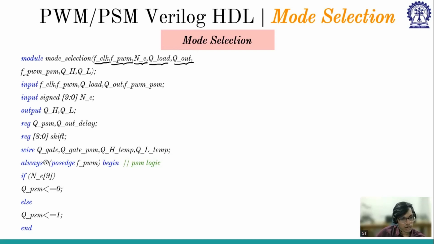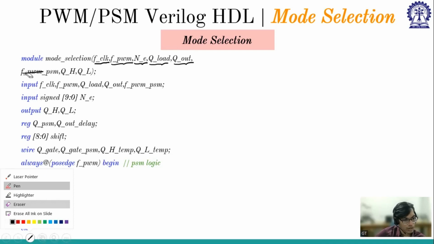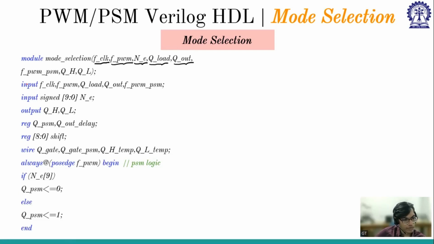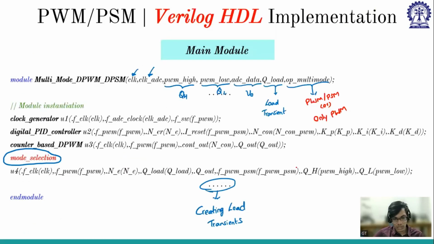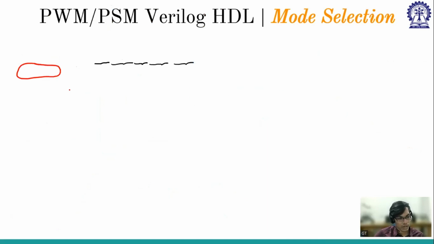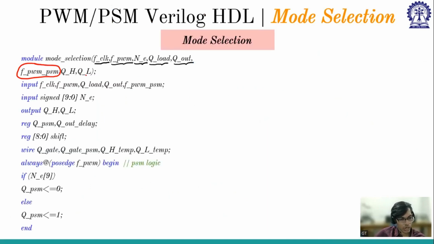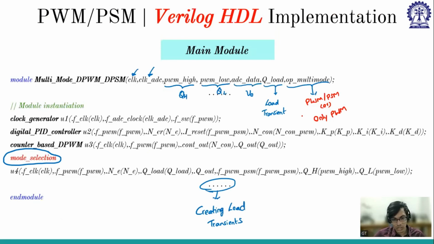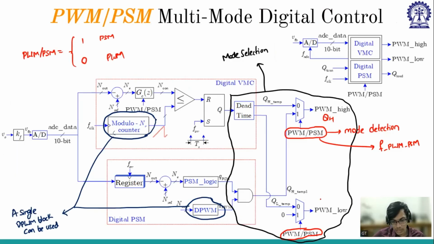Sorry, this is FPWM PSM, so we are naming it FPWM PSM. If it is 1, it means it is PSM. If it is 0, it means it is PWM. Then QH and QL, which are the outputs.